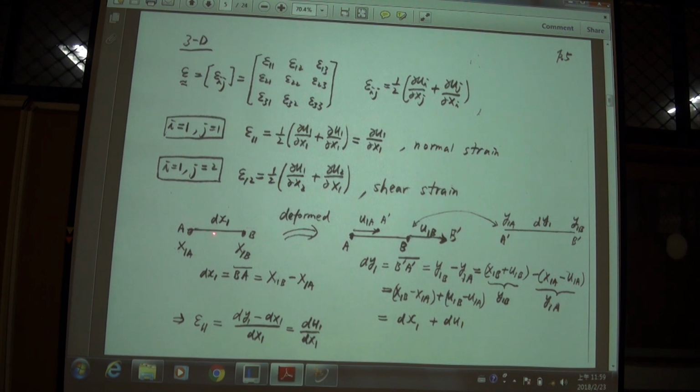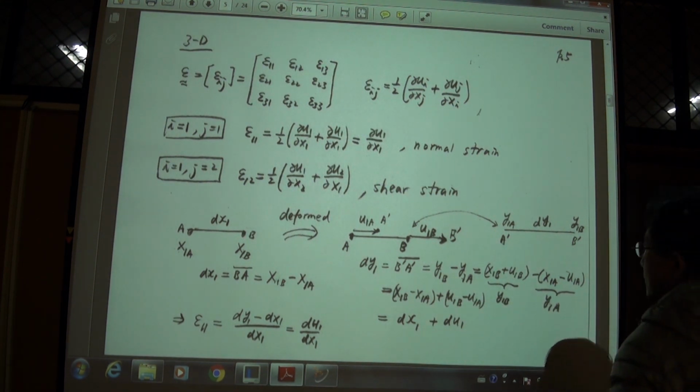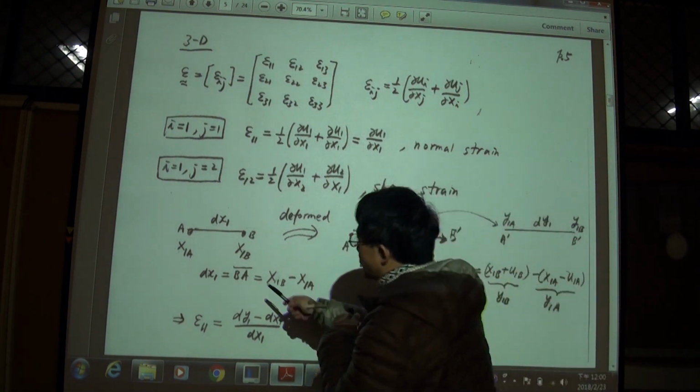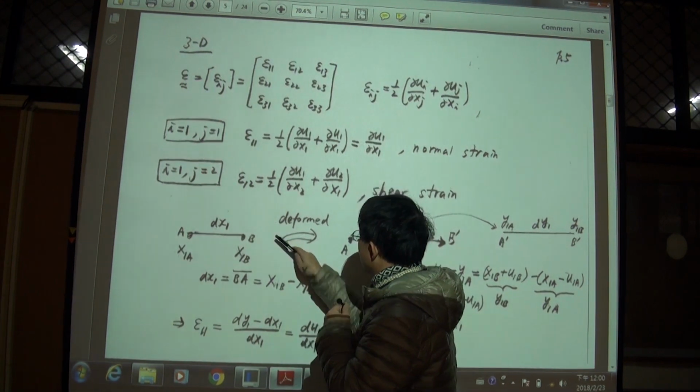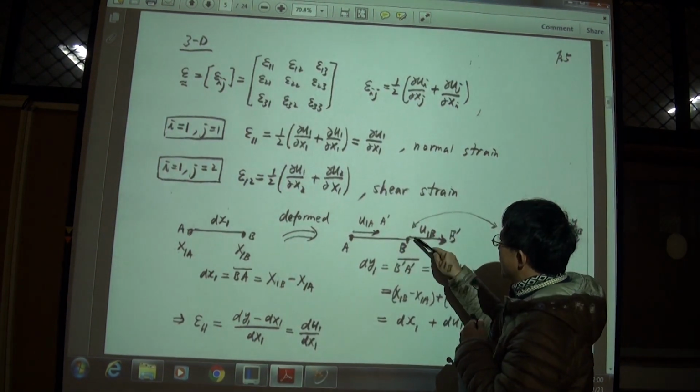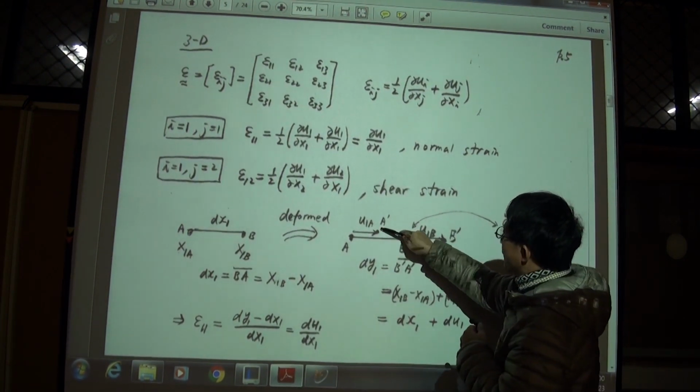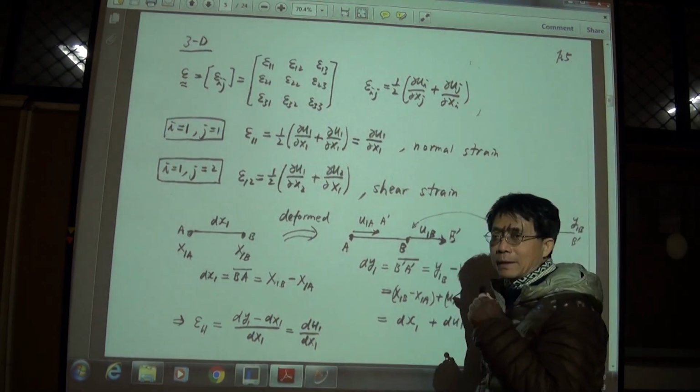Let us start from a material line in the horizontal direction. We have a material line like this. See, we have a horizontal material line. This point will move here, and this point will move here. So we have a longer material line.